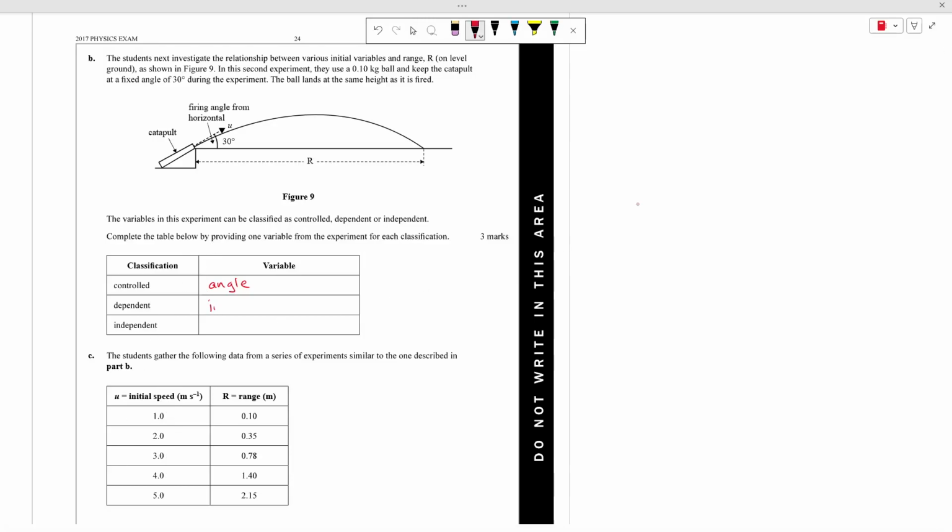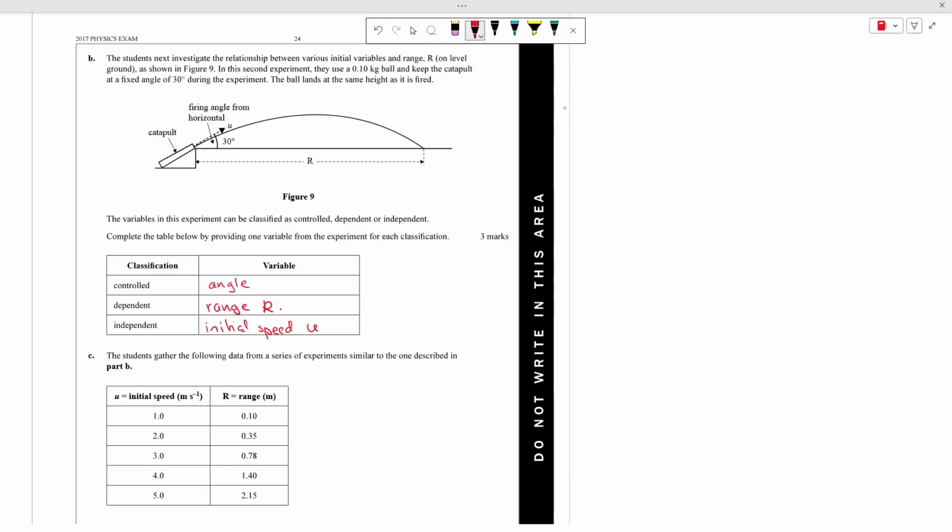So initial speed U. Whoops, I put in the wrong box. I'm talking about initial speed U. And by varying the initial speed, we are then seeing how far it goes. So the range would be the dependent variable in this case.